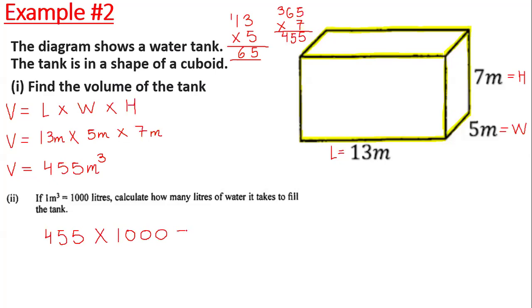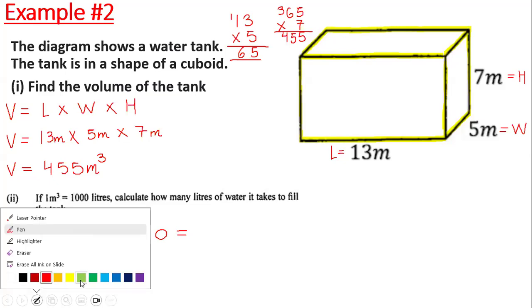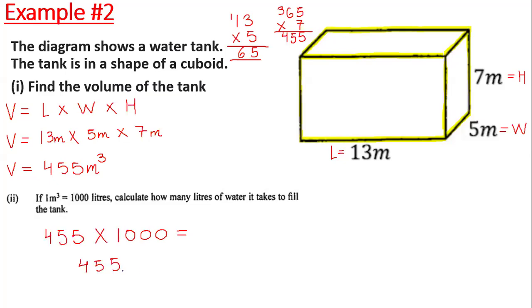And that's going to be equal to 455. We're going to move the decimal place how many times to the right? It's going to be 3. 1, 2, 3. Good. Basically like adding 3 zeros.